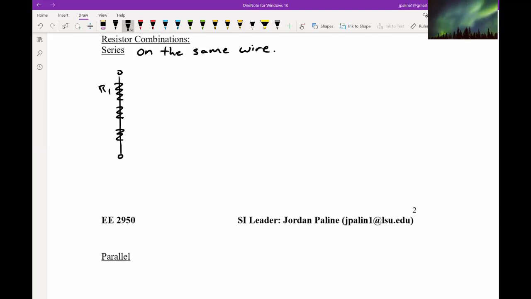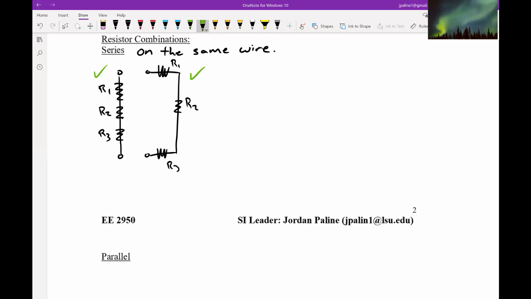Okay, so if we have something like this, R1, R2, and R3, this is a series combination. If we have something like this, R1, R2, and R3, this is also a series combination. They're all on the same wire.